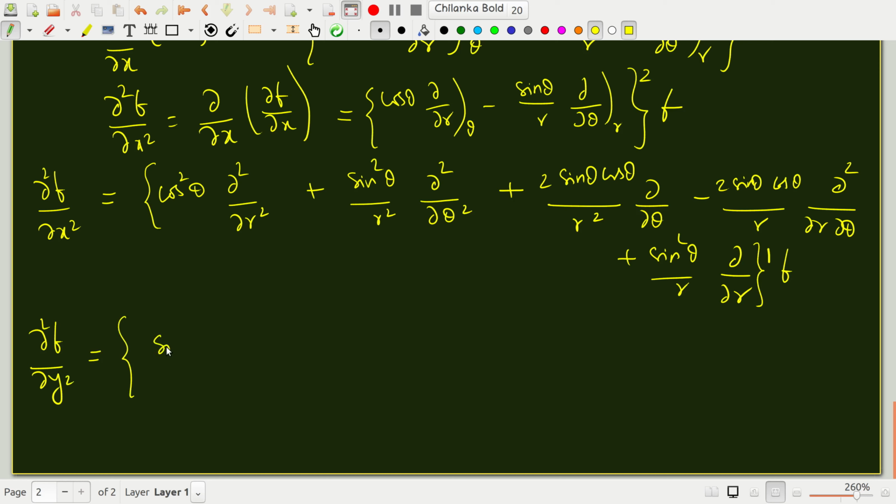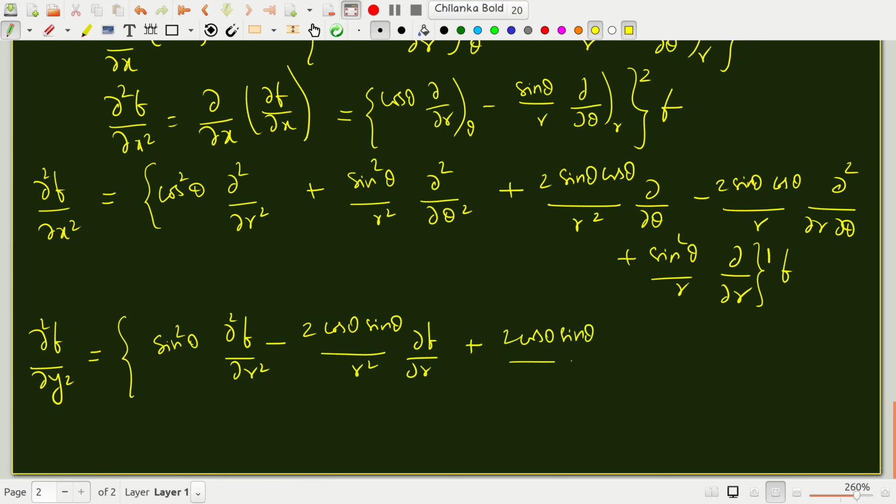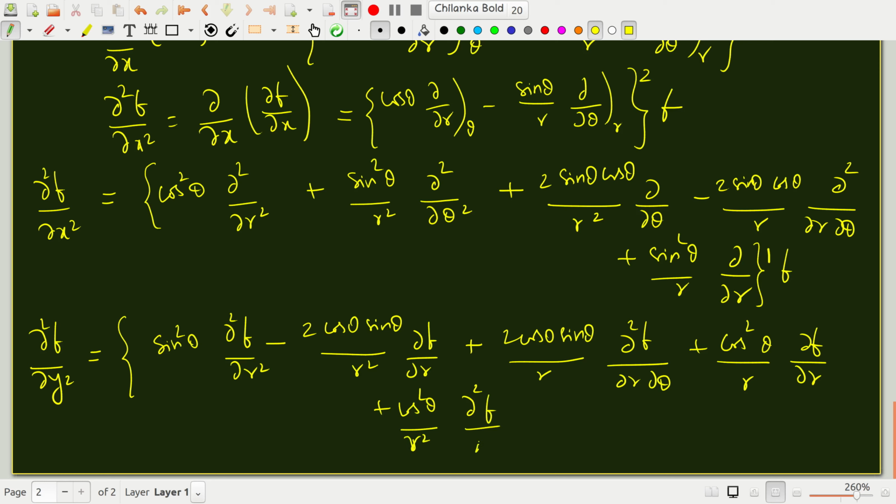You can do this: sin squared theta partial squared f by partial r squared, minus 2 cos theta sin theta by r squared partial f partial r, plus 2 cos theta sin theta by r partial squared f by partial r partial theta, plus cos squared theta by r partial f partial r, plus cos squared theta by r squared partial squared f, this is r squared, sorry, by partial theta squared.